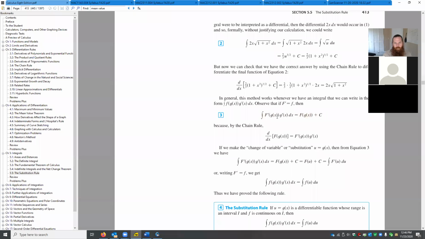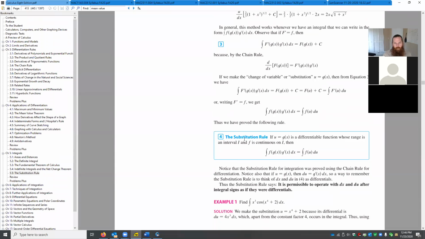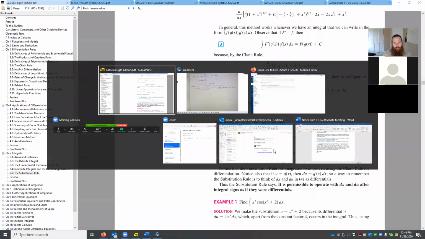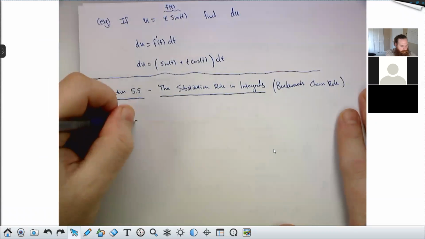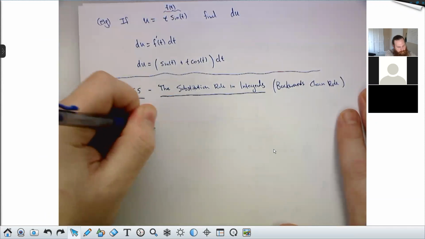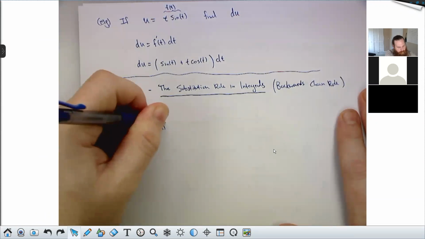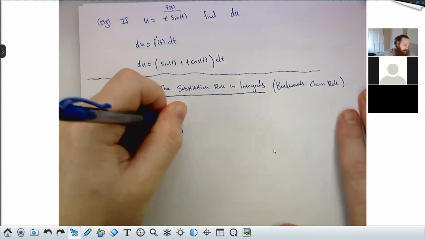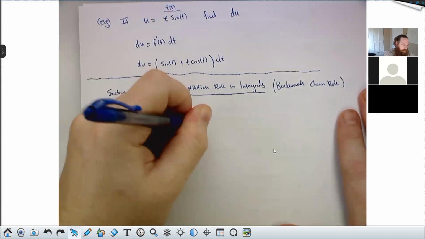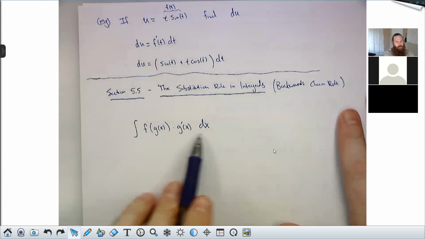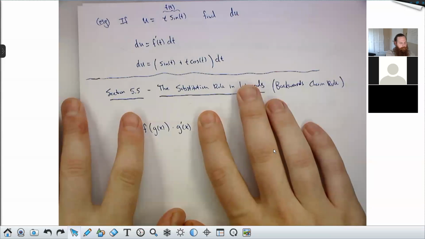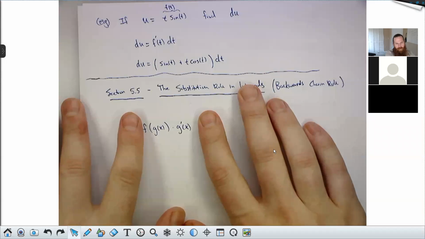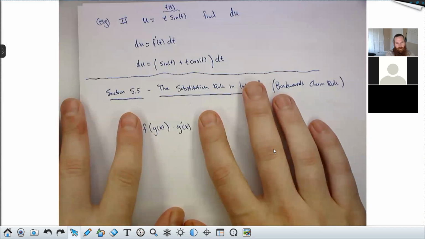Here's really the important stuff. I'll write the theorem as they do here. So if you have an integral of a composite function, think about what this looks like. Forget about the integral and the dx for a minute. This looks like the output from a chain rule, right?